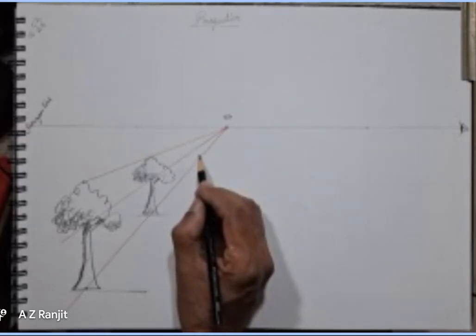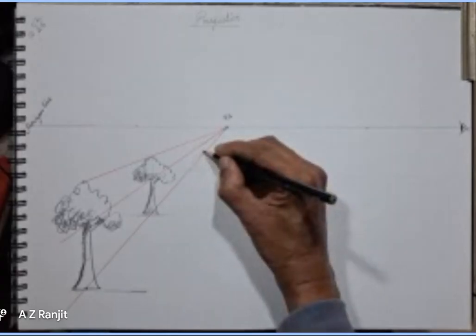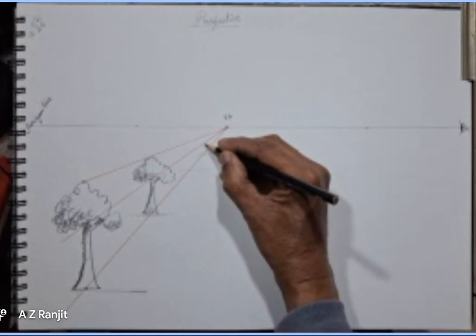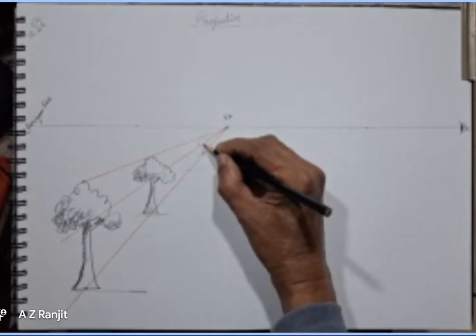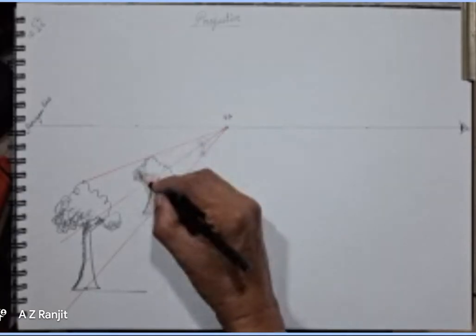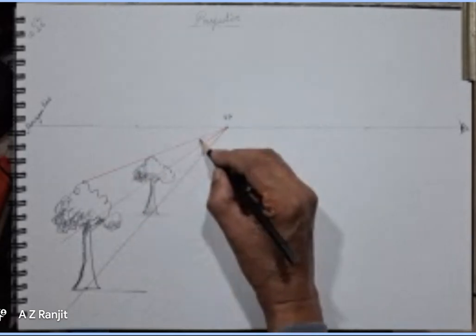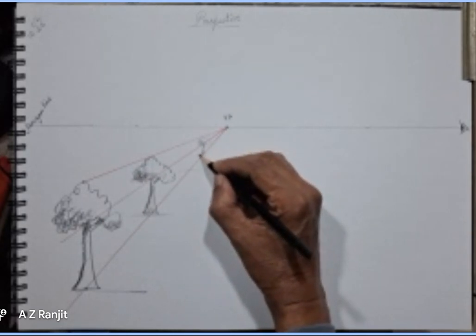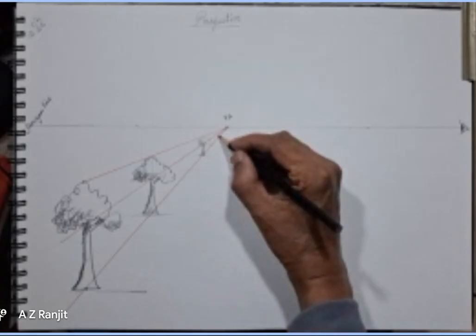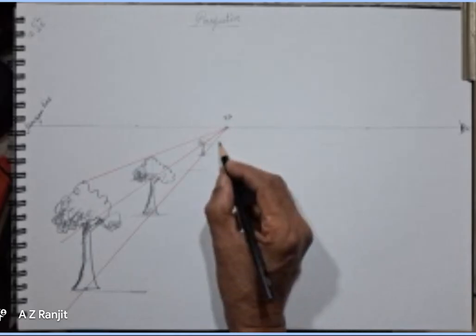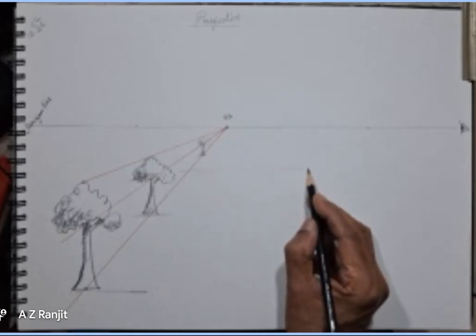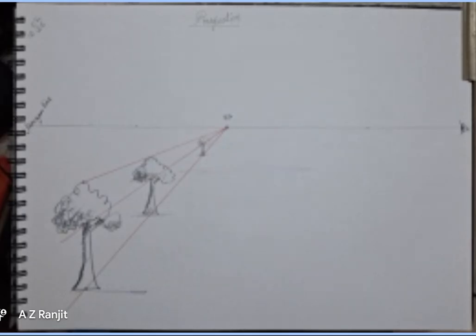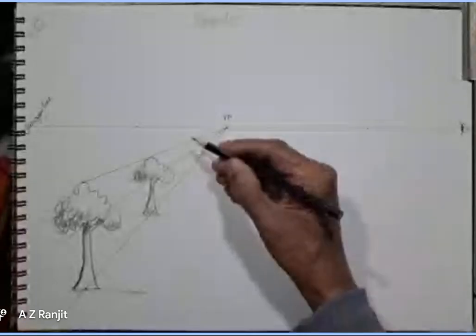Suppose one tree is going to be here, it will be like that. Very thin line. The texture will also not show here. The texture is showing. The texture will also not show, and it will become lighter. And there is one tree here, or maybe this tree comes here. What will the height of the tree be?